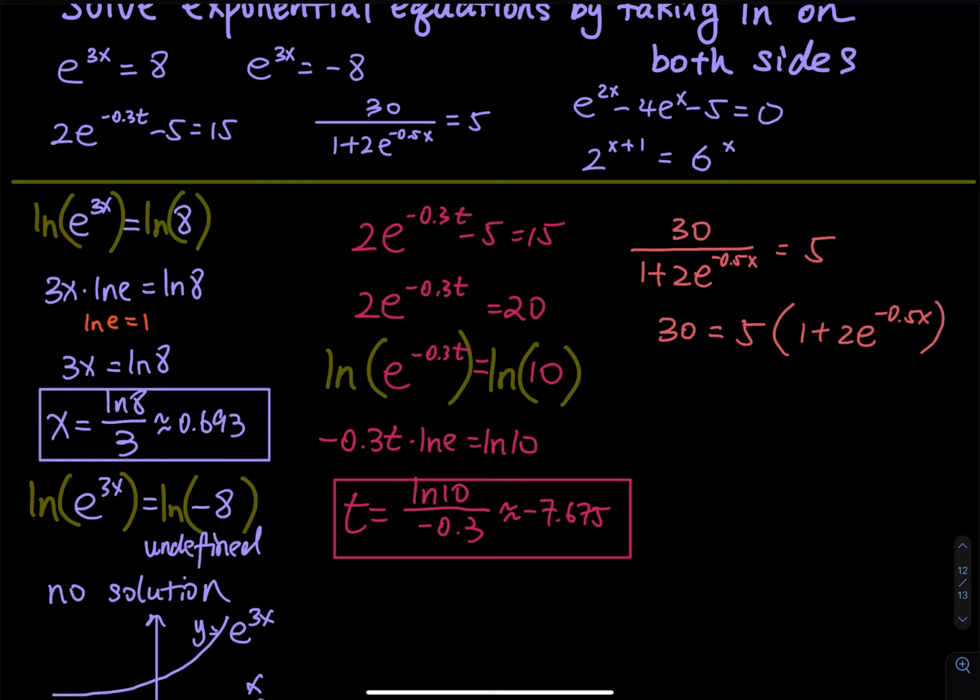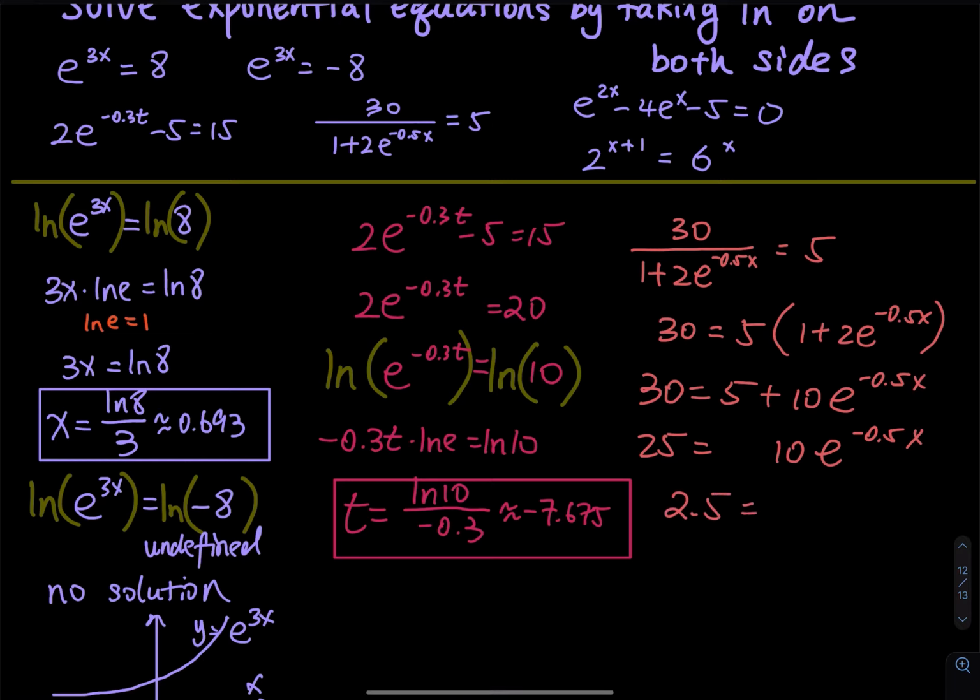Close the parenthesis, and distribute the 5. I have 30 equals 5 plus 10e to the negative 0.5x. Subtract 5 on both sides, so this becomes 25 equals 10e to the negative 0.5x. Divide by 10 on both sides, and we have 2.5 equals e to the negative 0.5x.